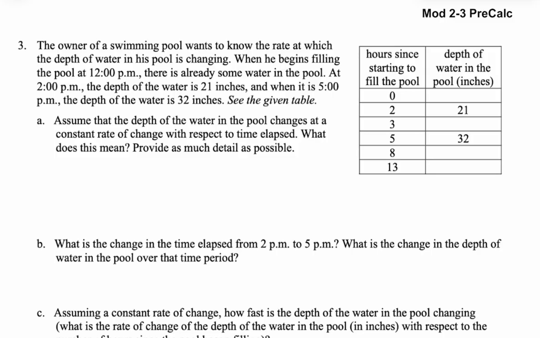Assume that the depth of the water in the pool changes at a constant rate of change with respect to time elapsed. What does this mean? Did anybody give me an idea of, in A, what are they referring to when they say that the depth is changing with respect to time at a constant rate of change? What does that tell us that they're really looking for?